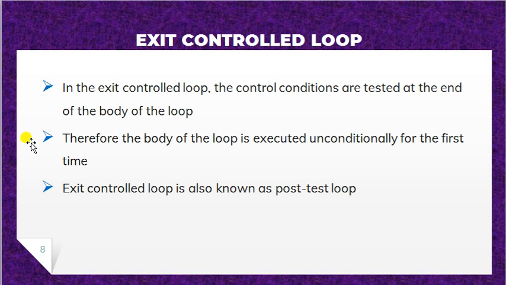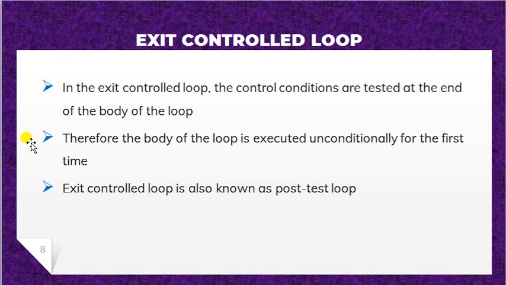Therefore the body of the loop is executed unconditionally for the first time. What does that mean? Even if the condition is false, the body of the loop will be executed at least one time in the case of an exit controlled loop.